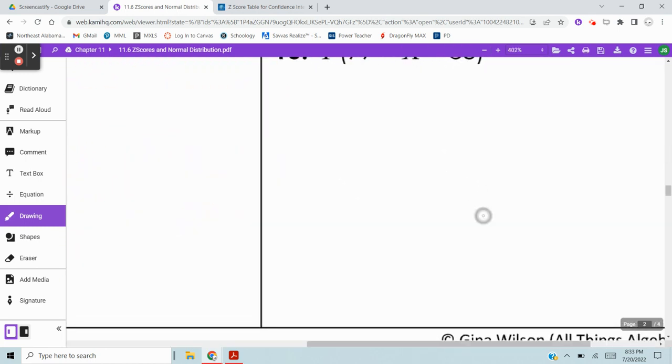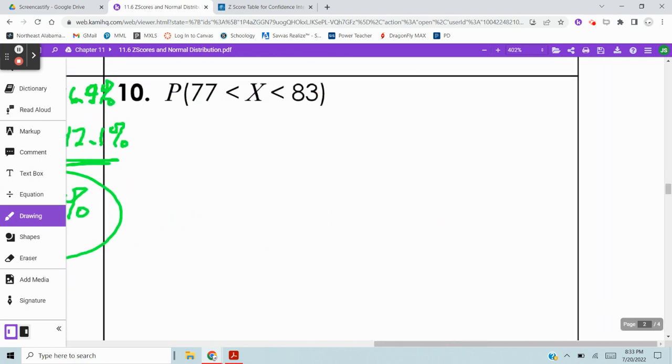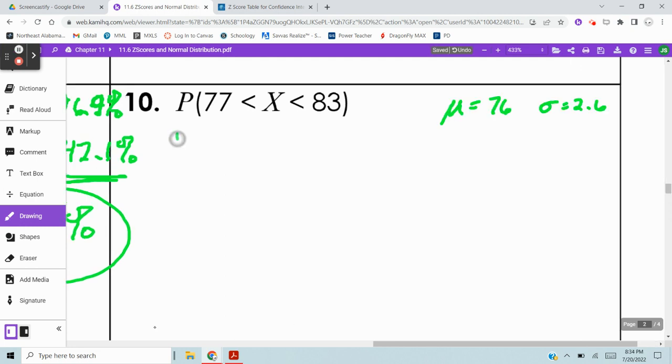Okay, our last one. And again, we just have to standardize this first. So we're going to take both of our values, and let me write down the mean and the standard deviation again. So now let's change our actual golf scores to a z-score instead. And just a quick reminder, all you're doing to do that is you're going to take your value, subtract your mean, and divide by your standard deviation.